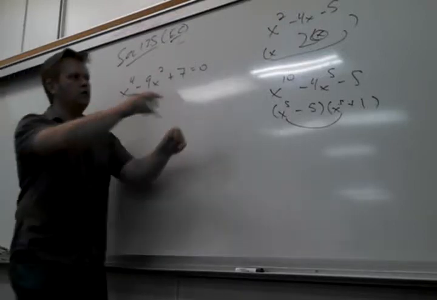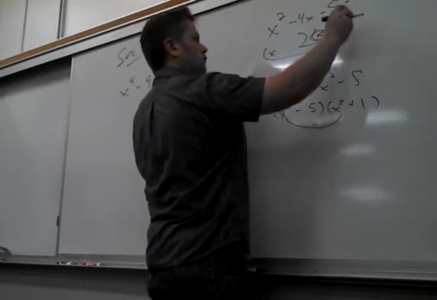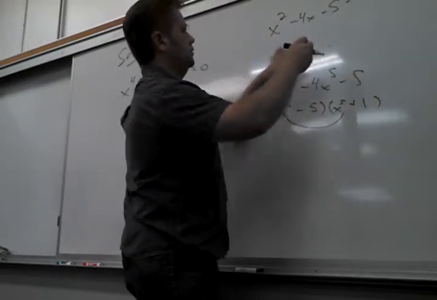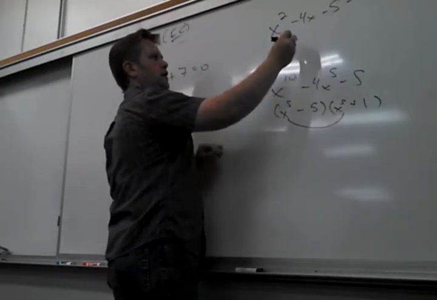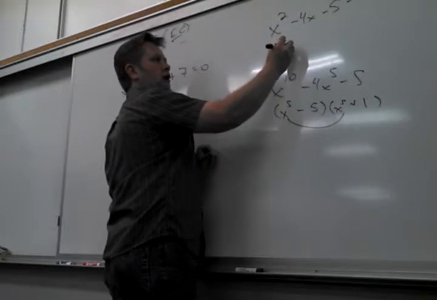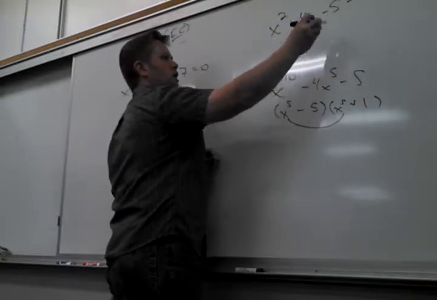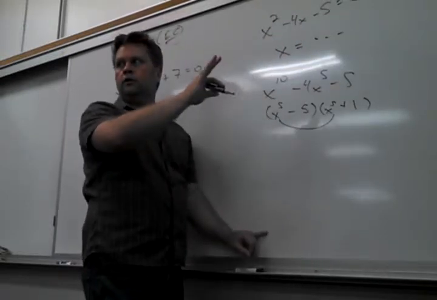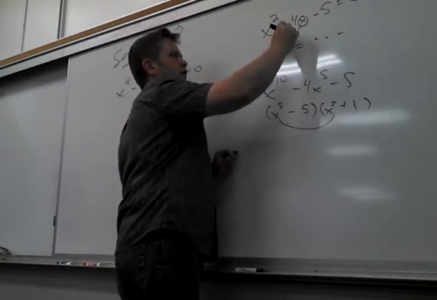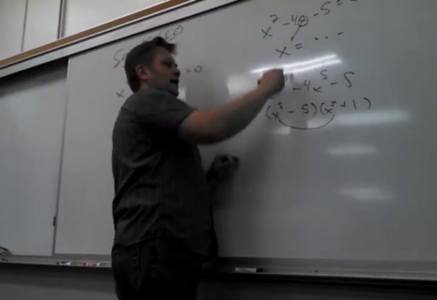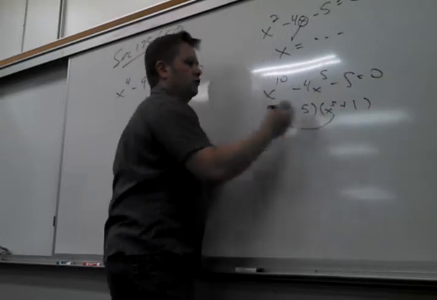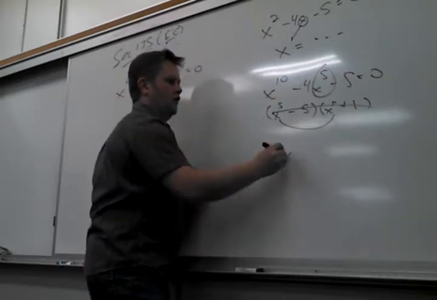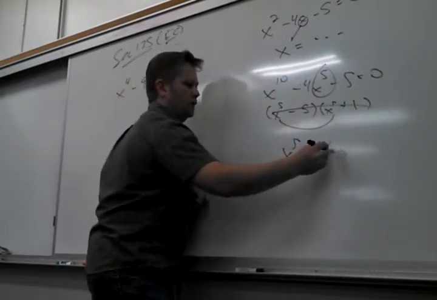Now notice, if I use the quadratic formula here because I don't realize I can factor this, it would say x equals blah, blah, blah. If I did factors, I have an x and an x and so forth. If I tried to do this one, the quadratic formula would say x to the 5th equals negative b plus or minus blah, blah, blah.